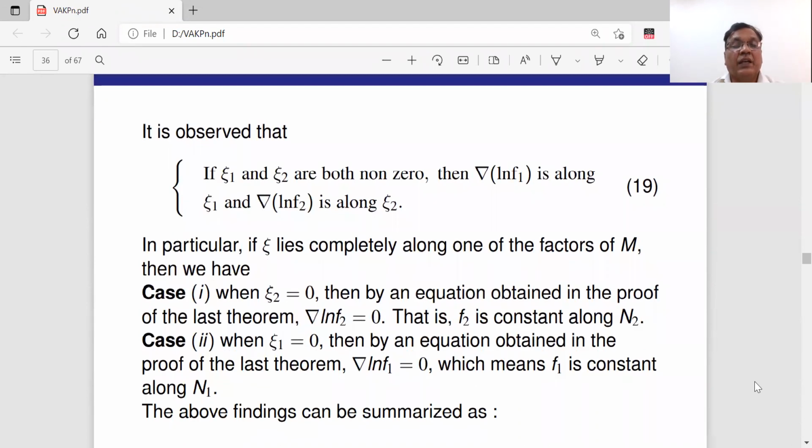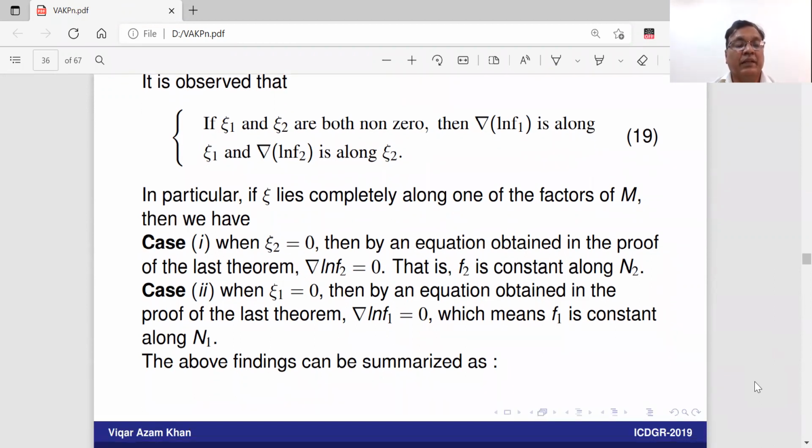In particular, if xi lies completely along one of the factors of M, then the following cases appear automatically. If xi2 is 0, then by an equation obtained in the proof of the last theorem, grad ln F2 is 0. That is, F2 is constant along N2. Similarly, if xi1 is 0, then by one of the equations that we obtained in the proof, grad ln F1 is 0, which means F1 is constant along N1.